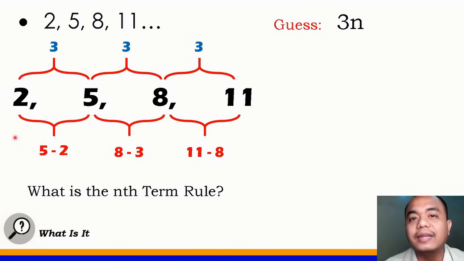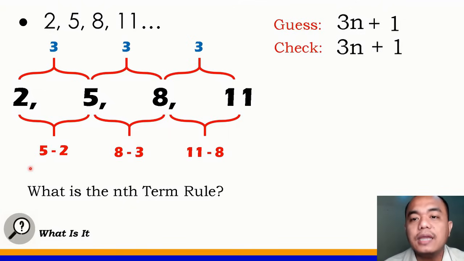This is not yet final. We are trying to guess here. Ginagamit natin yung guess na strategy to find our n-term rule na pwedeng gamitin sa ibinigay na sequence. So let's try to guess 1. So let's try to have plus 1. 3n plus 1. And let us try to check if our guess here is correct.